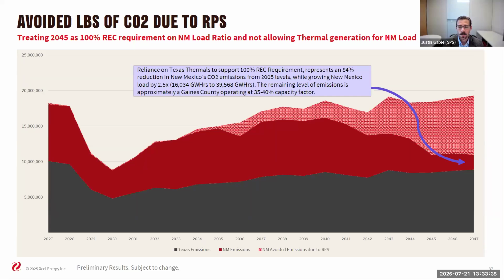No, no. What that red indicates, especially towards the end of the x-axis through 2045, is that the thermal resources on the system, not necessarily physically placed in New Mexico, but they could be in Texas, are ultimately dispatching at a level that's greater than Texas load ratio share, which means it would be attributable to New Mexico's load. Okay, understood. Thank you.